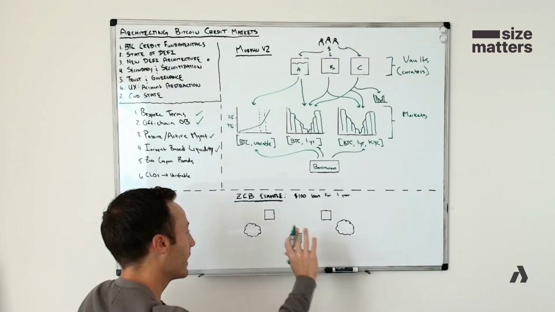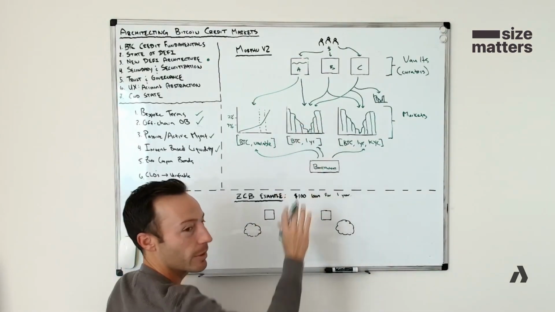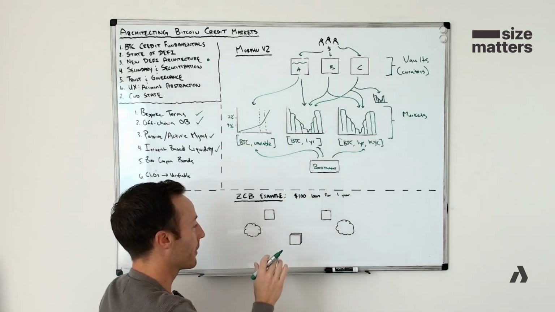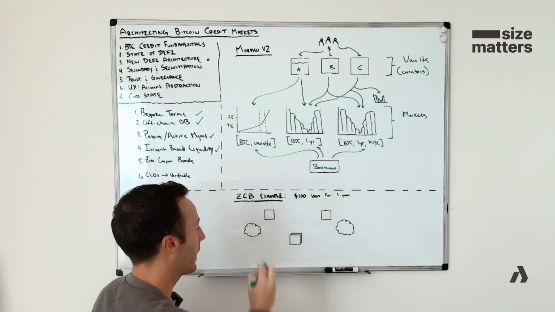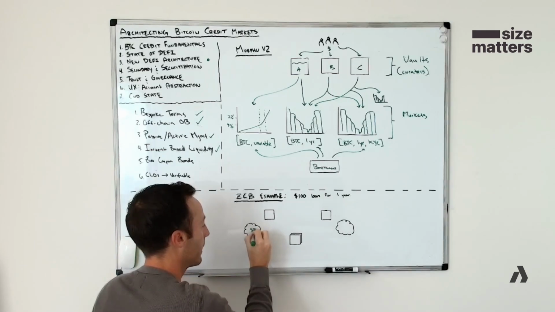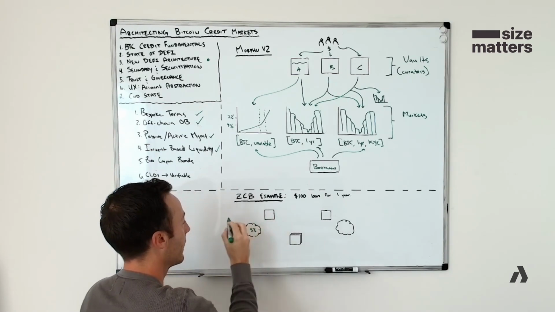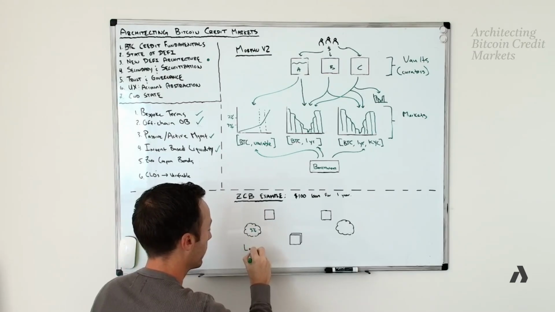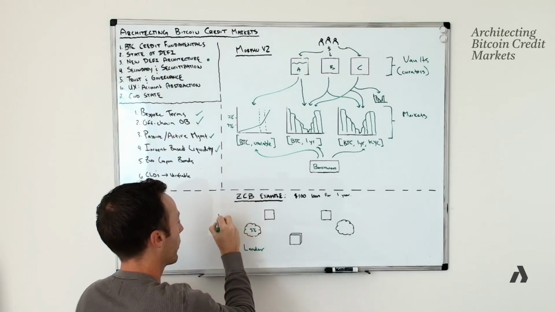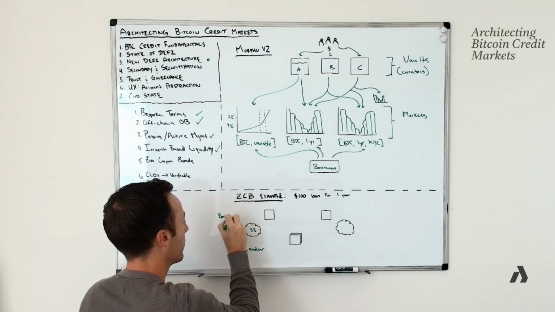So let's just say that in an order book, 2 parties agree to say, look, we're going to do a loan at 5% fixed interest rate for a year, okay? So let's just say this is like a 5% loan. And let's say there is a lender down here, okay? The borrower is over here.